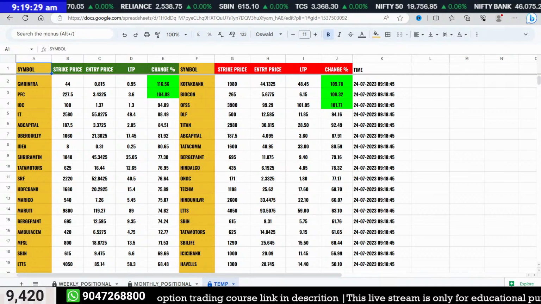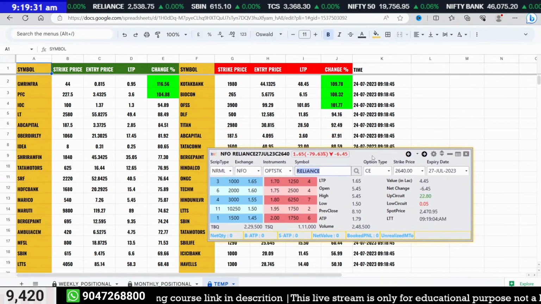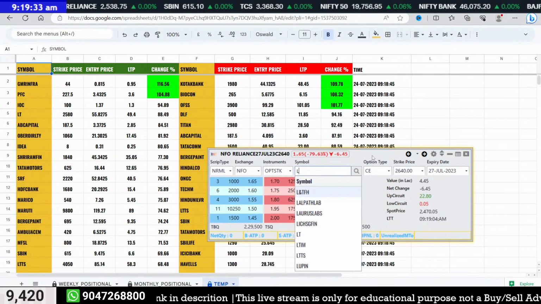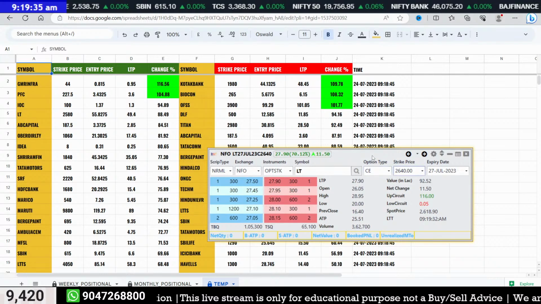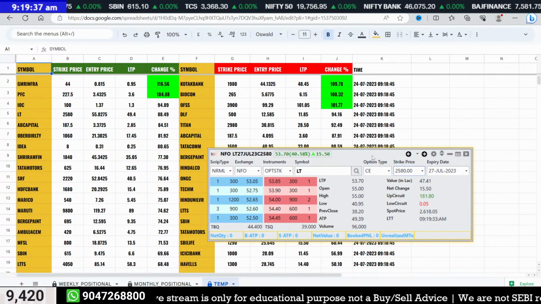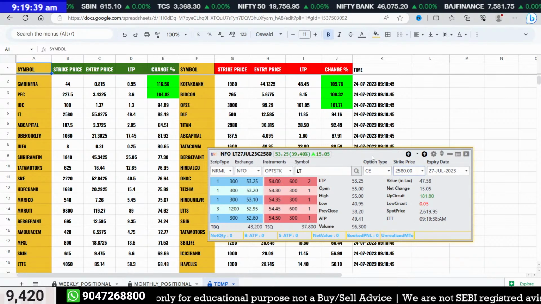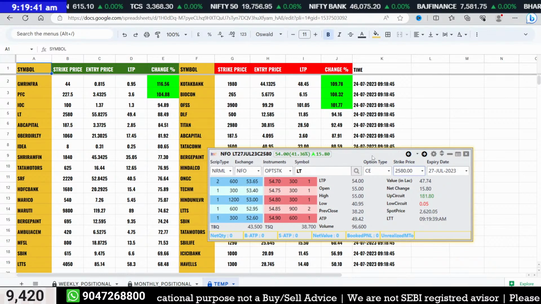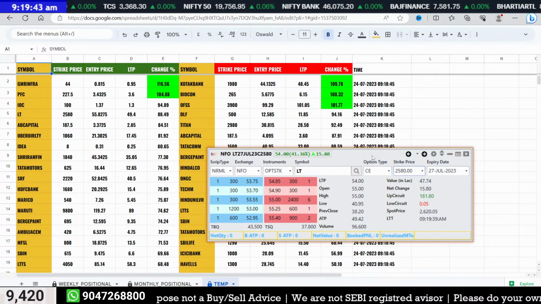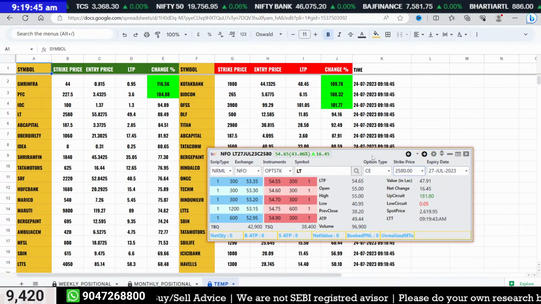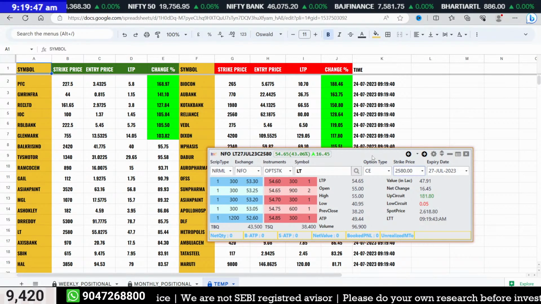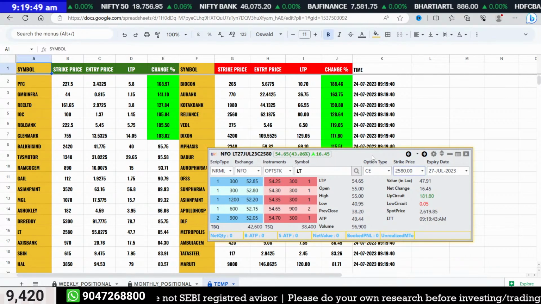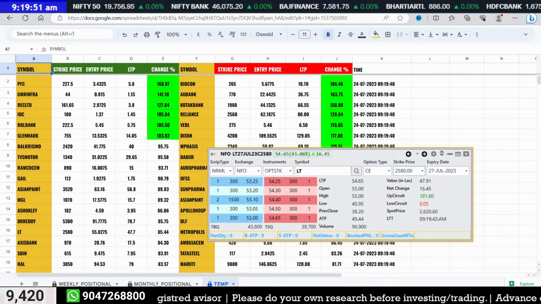Let me check what the premium is exactly. The 2580 call option is about 53, and the high is 55. Maybe the lot size is 300. But if you are going to focus on margin, what is the margin required for this trade?